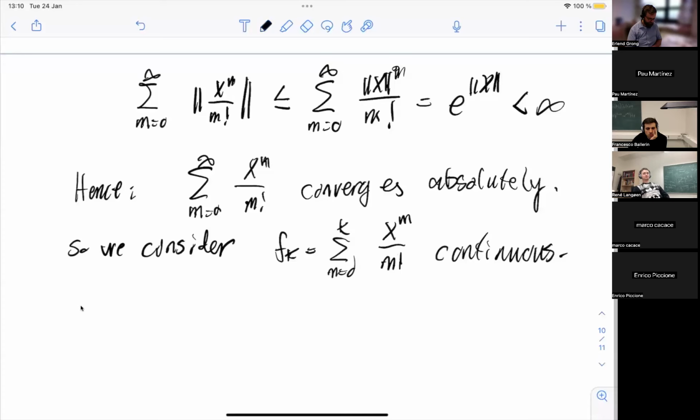Like this one. So we consider these following functions, f_k, which takes x and gives us the sum of the first k elements. So this is continuous, again, because it's a polynomial and well-defined.